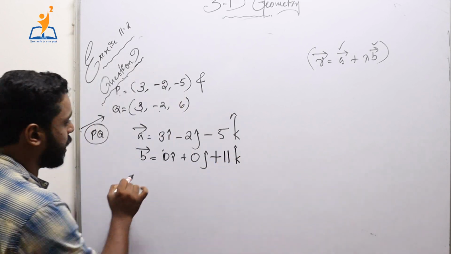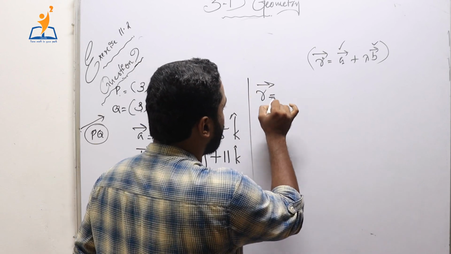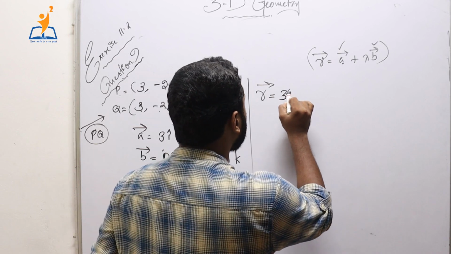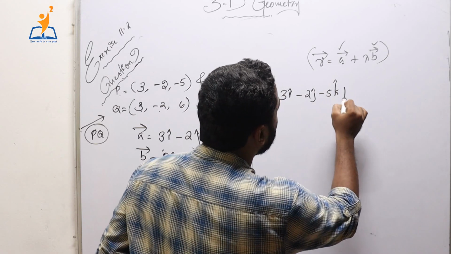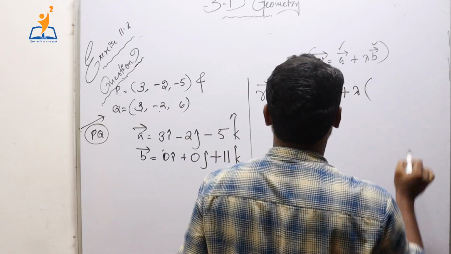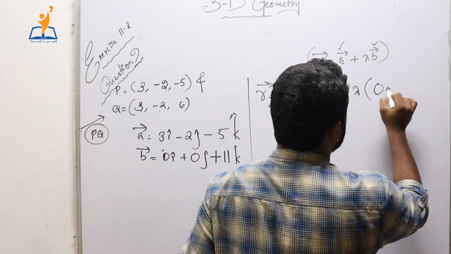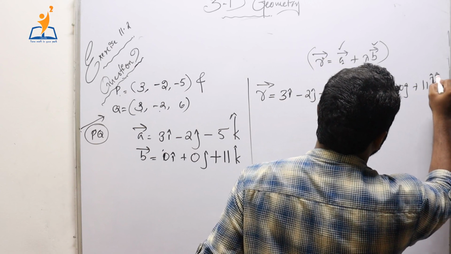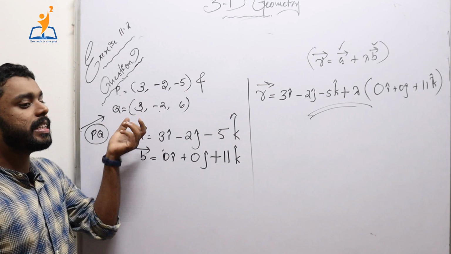So this is the vector B. Hence we have r is equal to A plus lambda into B, that is r equal to 3i cap minus 2j cap minus 5k cap plus lambda into (0i cap plus 0j cap plus 11k cap). So this is the vector equation of the line which passes through these 2 points.